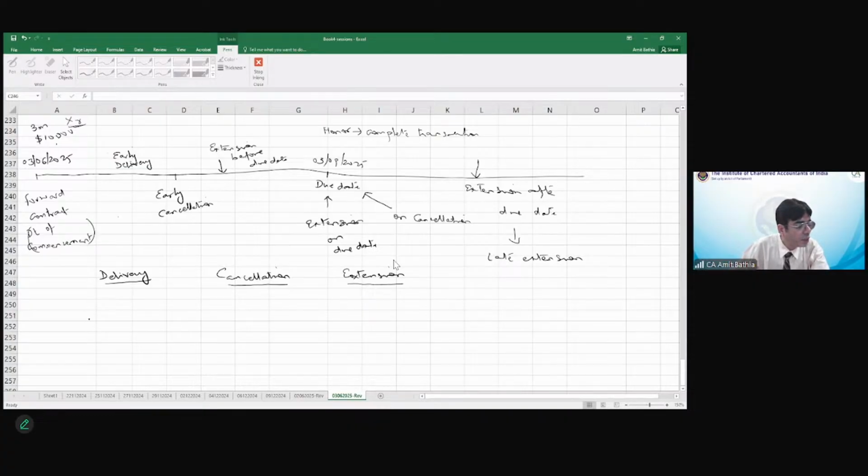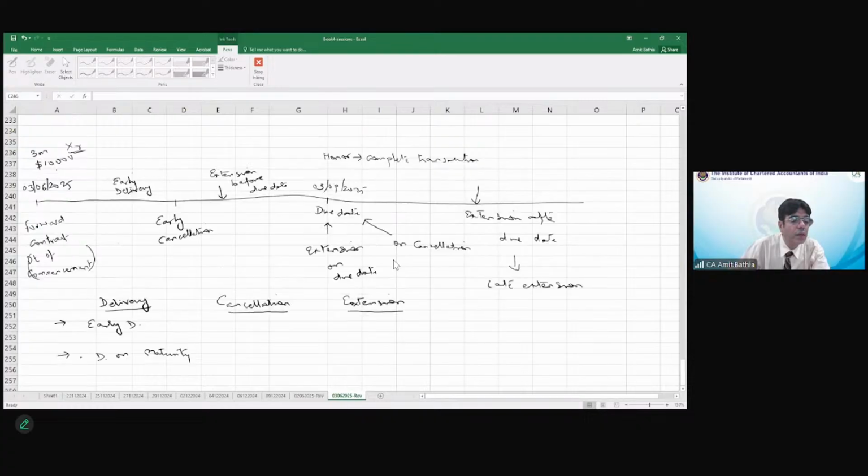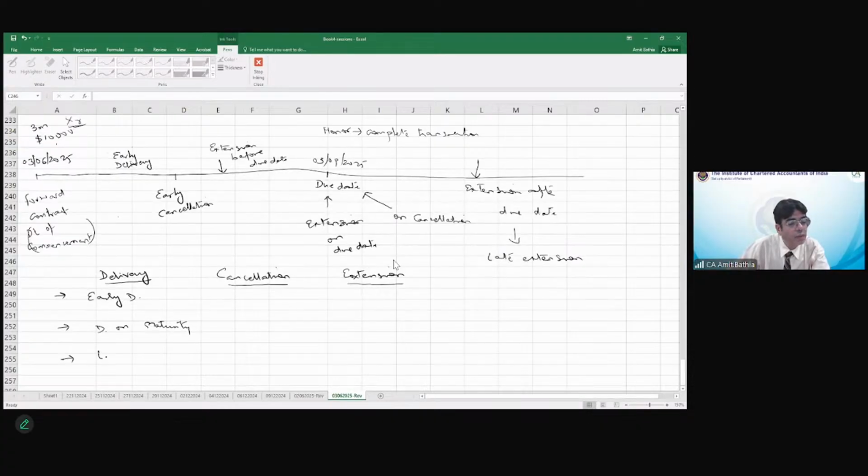And in each of them, we have basically three options which are again going to come up. What is that? You are going to have early delivery, or you will have delivery on maturity, right? And the third one is going to be, you will have late delivery.